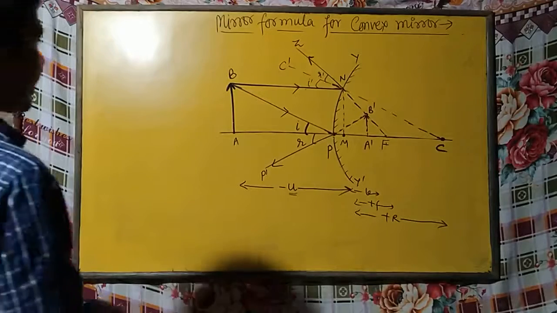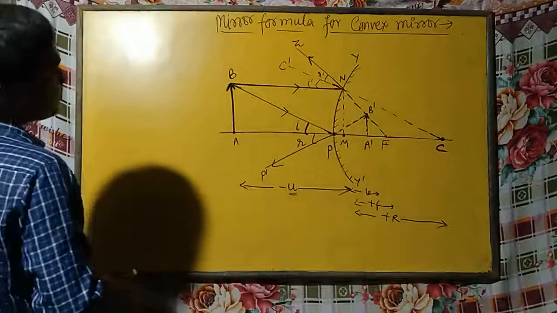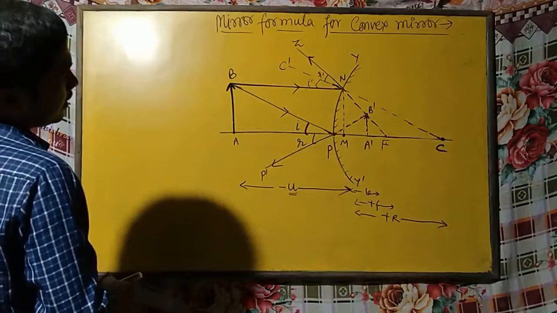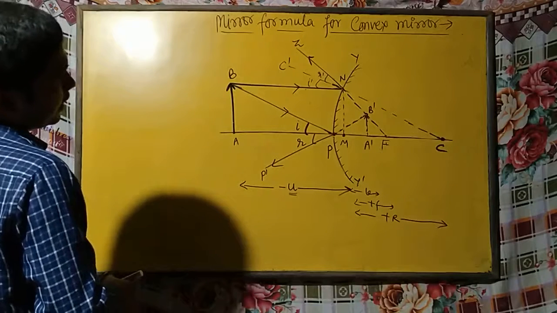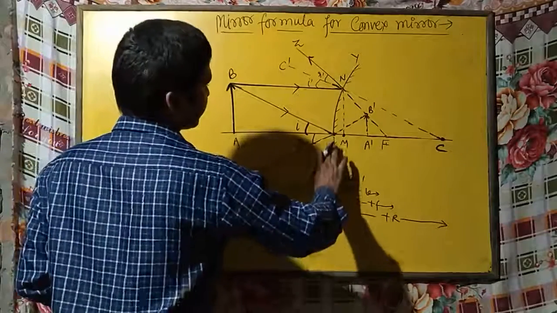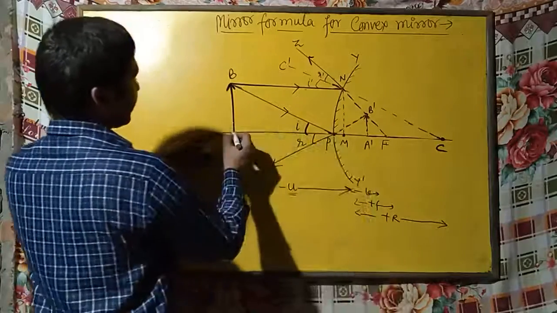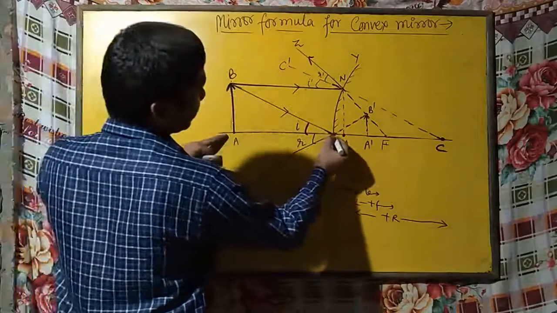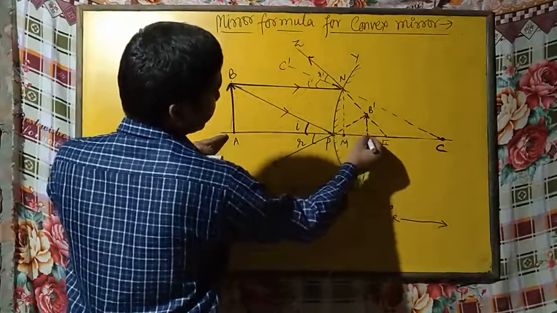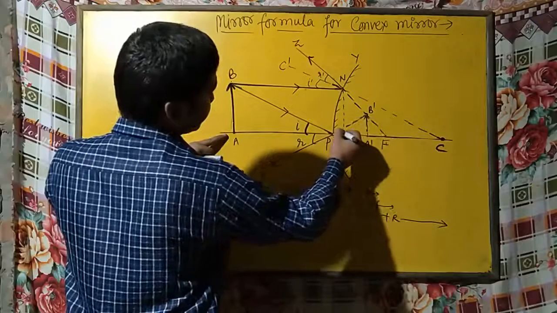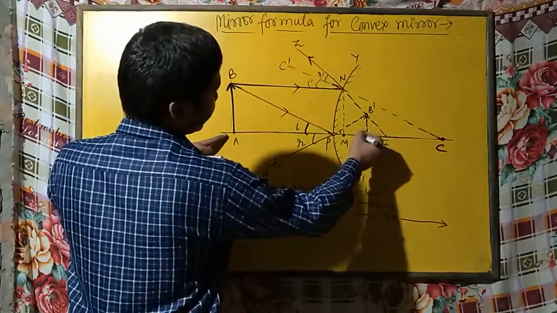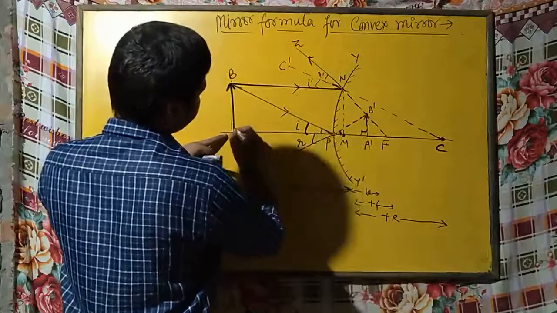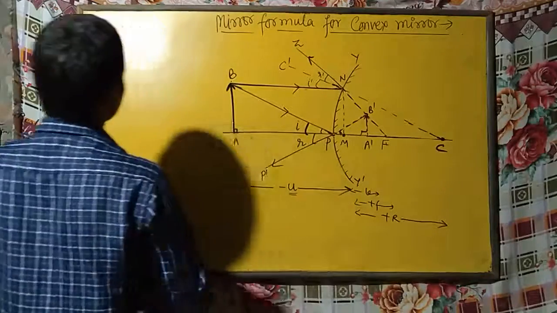In this diagram, the triangles ABP and PA'B' are similar. You can see here the triangle ABP, this triangle, and triangle PA'B', this triangle. This angle is 90, and you can see this angle is 90. So these are similar.